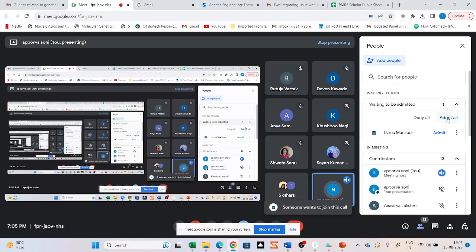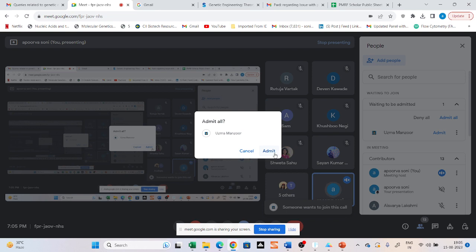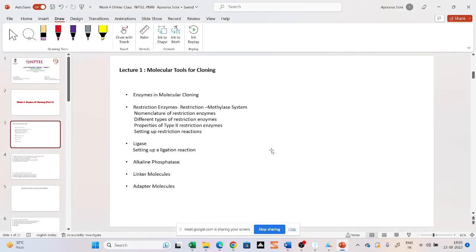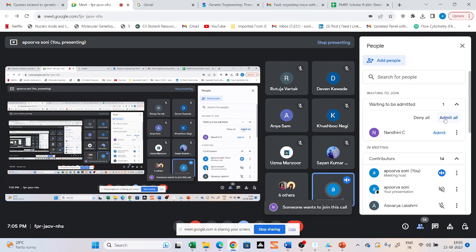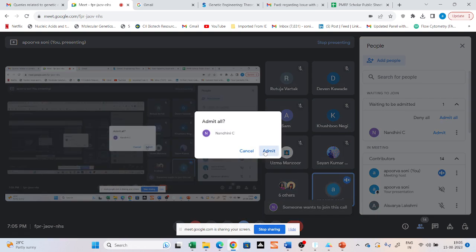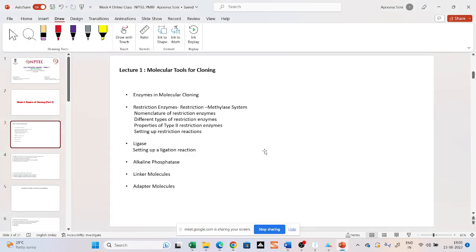So today, apart from doing the questions, what I have decided is that because I do cloning in my lab on a routine basis, I will give you an example of how to set up a digestion reaction and a ligation reaction. Sir has already explained how to set up a digestion and a ligation reaction in his classes.